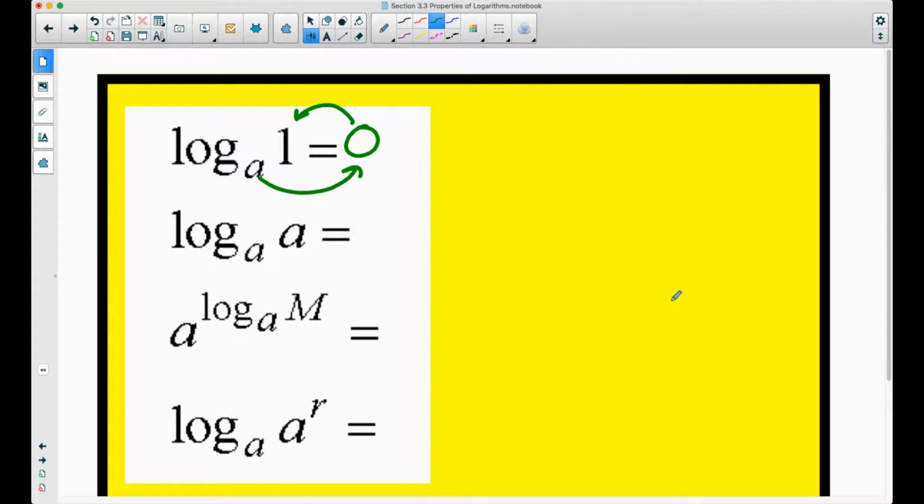Same thing here. A to what power gets me a? 1. So if you have log base 8 of 8, it's just 1. Log base 12 of 12 is 1. So if the base and what you're taking the log of is the same number, it's just 1.